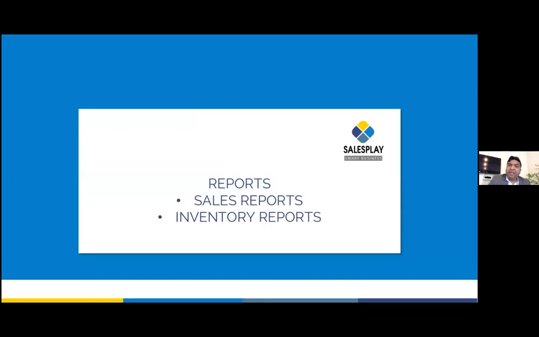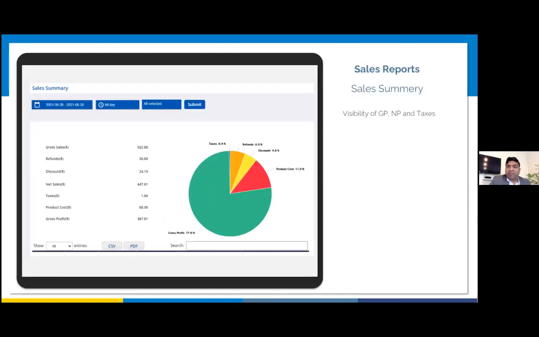With that, let me now take you through some of the reports that we have, again, under our analytics, and you can access some of these reports through our BackOffice portal. To begin with, we have a sales summary report which elaborates the composition of your revenue.